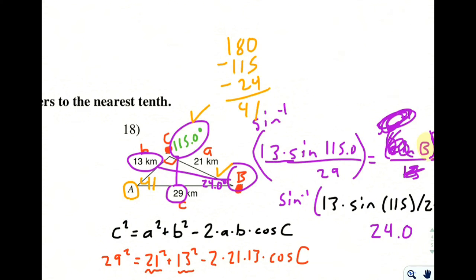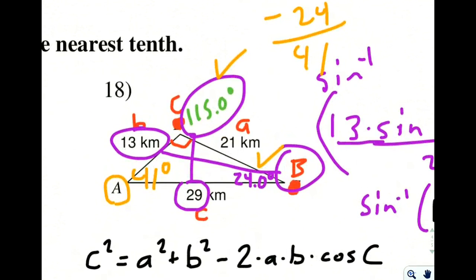So angle A is 41 degrees. That seems reasonable. Shortest side across from shortest angle, longest side across from longest angle. It looks like this all makes sense. And so our solved triangle would include all three of these angles that we had just calculated using law of cosines first, then law of sines, and then just adding up to 180.